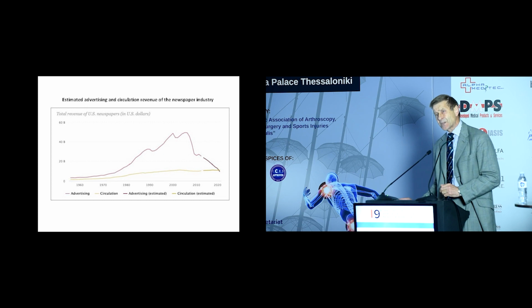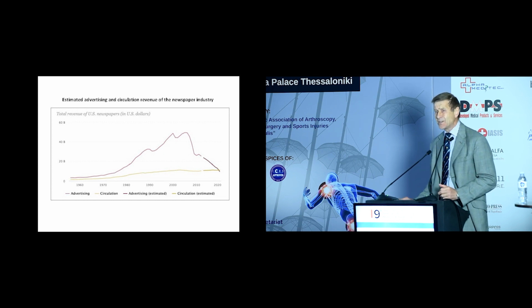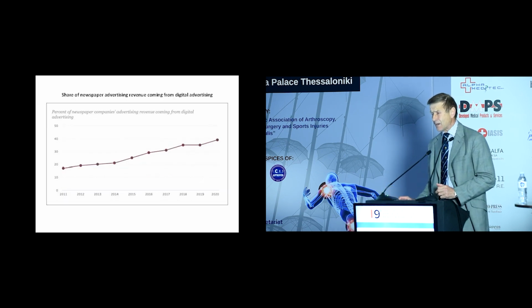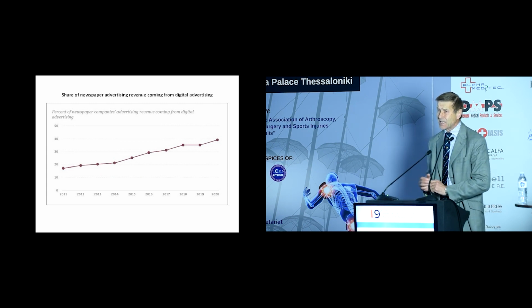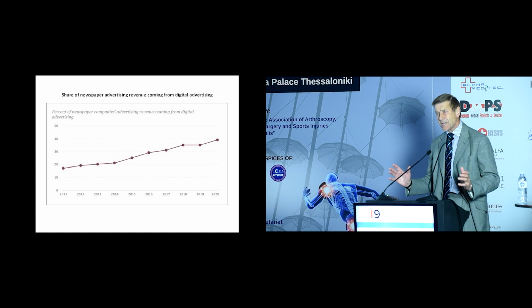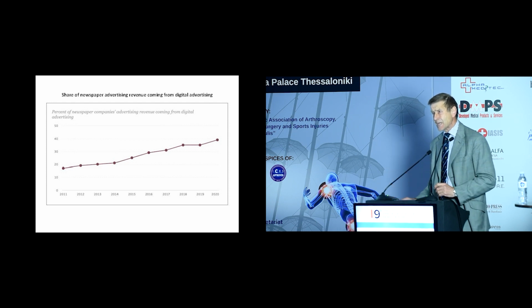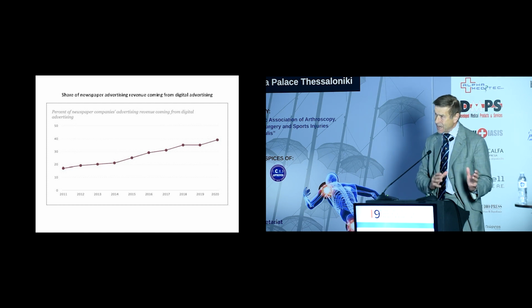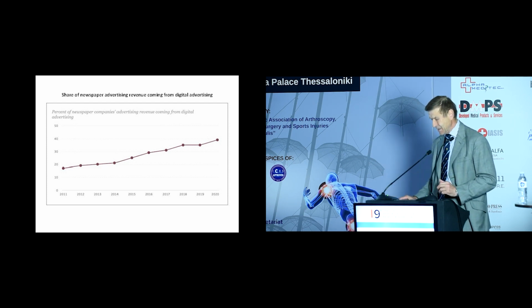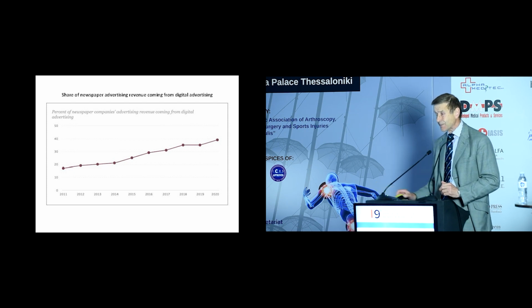Look at the advertising revenue and how it is declining. And look at how actually digital advertising is increasing. The world is very different now to how it used to be. And everything you see in the non-academic publishing world, believe you me, applies to the academic publishing world.